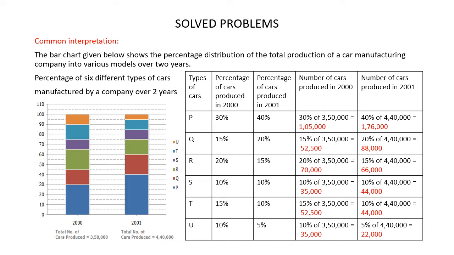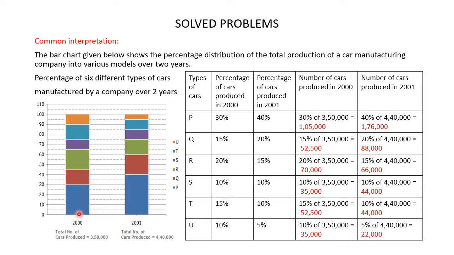Now first, let's look at the P type of car. For the year 2000, this blue rectangle represents P type of cars.